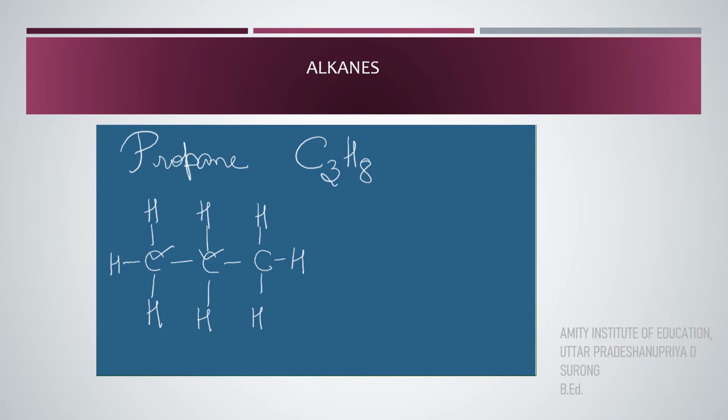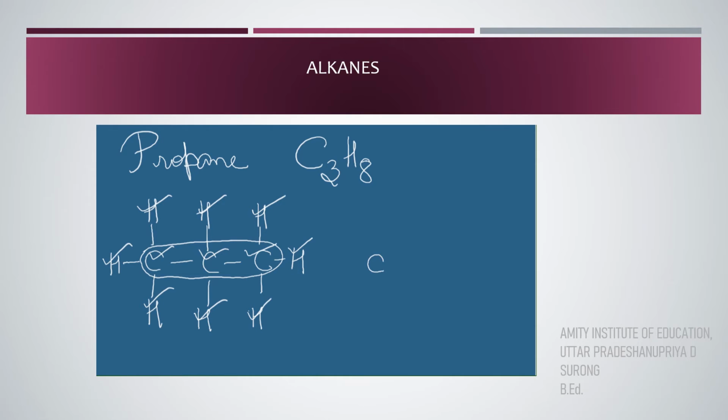So 3 carbon atoms in a straight chain with branches of 8 hydrogen atoms. If you count, there are 3 carbon atoms and 8 hydrogen atoms.